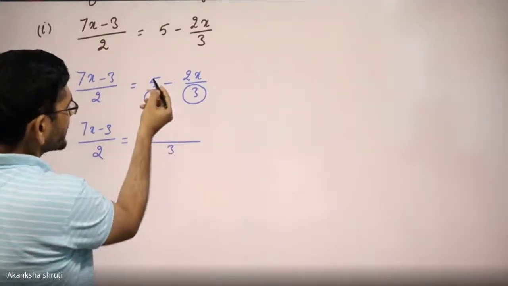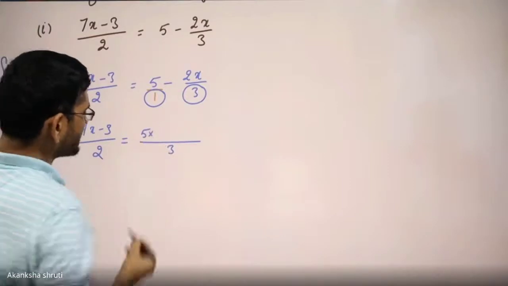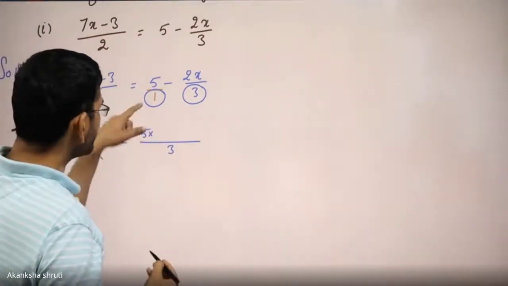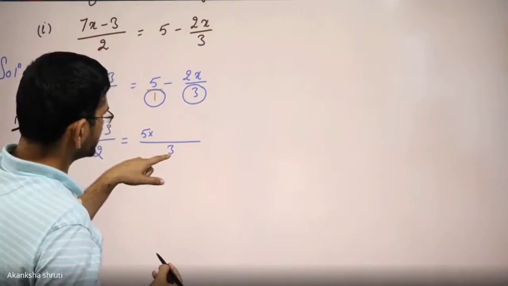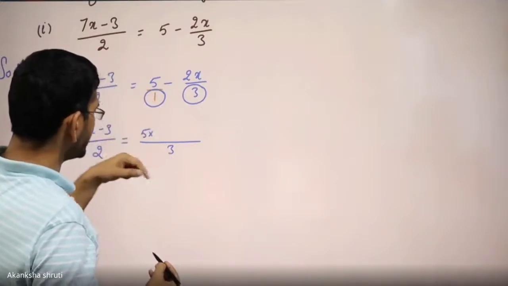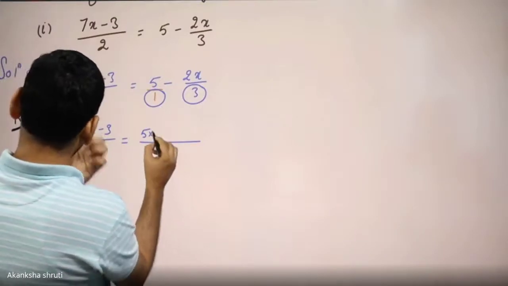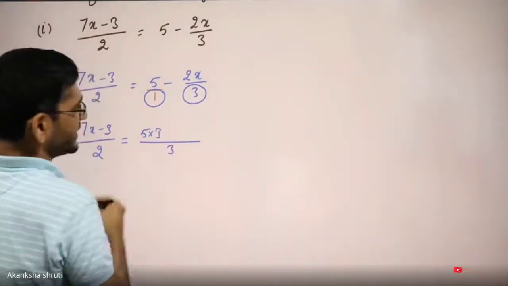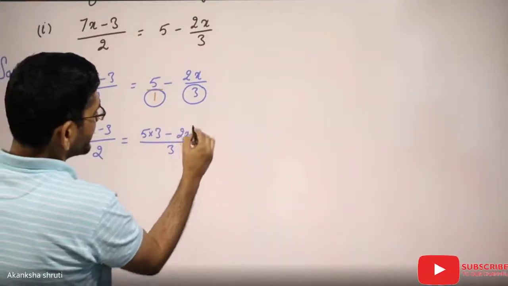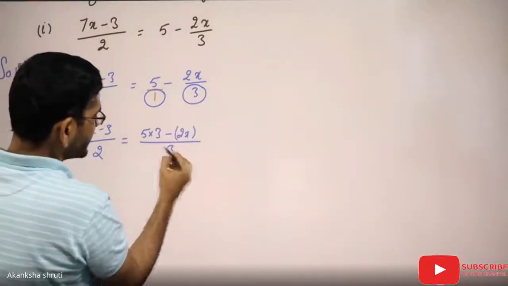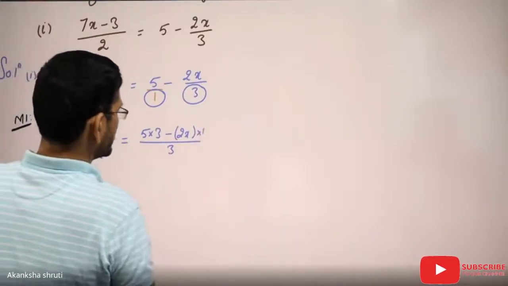Now whatever the first term 5 is, it has to be multiplied by a number. Which number? Go through the table of 1 till it reaches 3. So 1 3s are 3, or divide this 3 by this 1, you will get 3 times. So that 3 we have to put here. Minus, this is our 2x, but this 3 will go only 1 time, so we have to put 1 here.